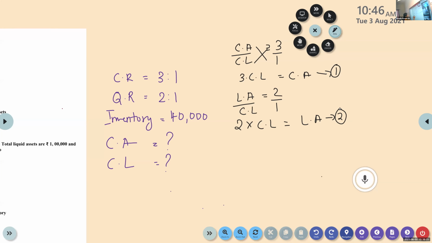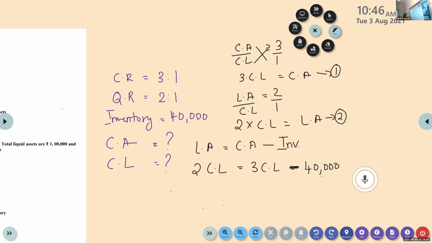Now we know that liquid assets is equal to current asset minus inventory. How much is liquid assets? Liquid asset, we know it is 2CL now. Is equal to CA, what is CA? 3CL. 3CL is equal to 3CL minus 40,000.